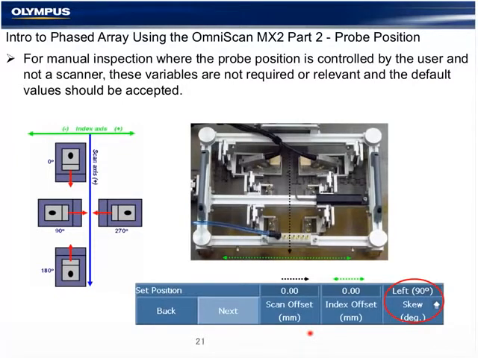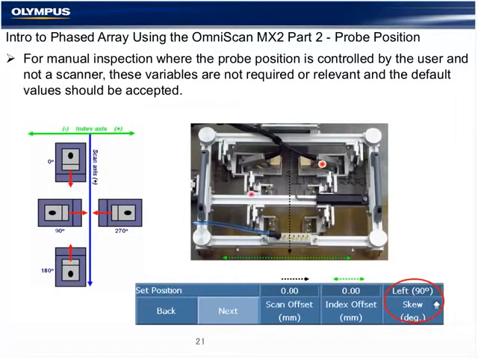The probe position has nothing to do with the focal laws, but everything to do with displaying data correctly in the different views like the A-scan, S-scan, and C-scan. The orientation of the probe relative to the weld line or mechanical movement is what we call the mechanical skew. This is probe skew 90 in this orientation, and this is probe skew 270.